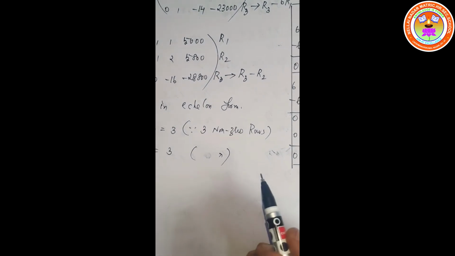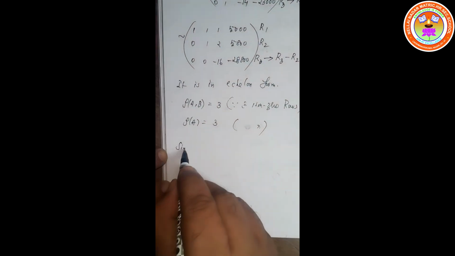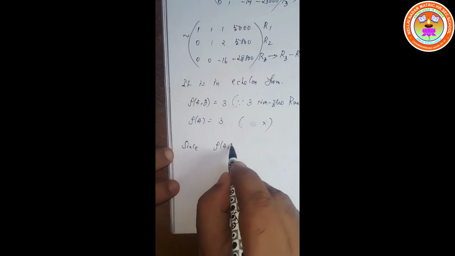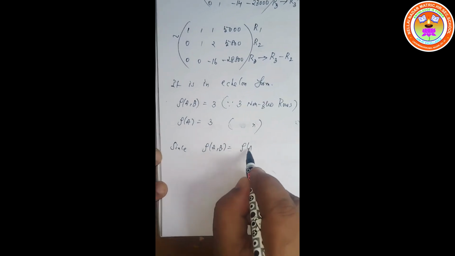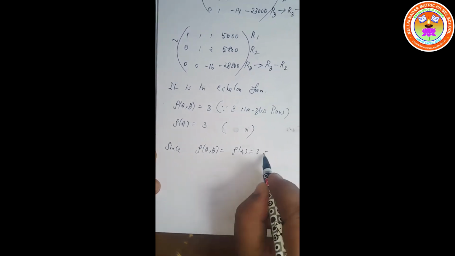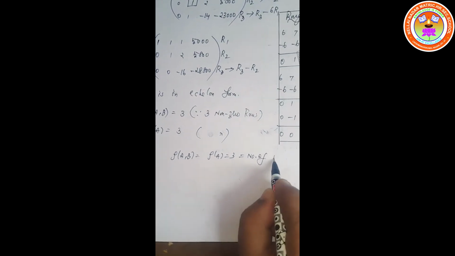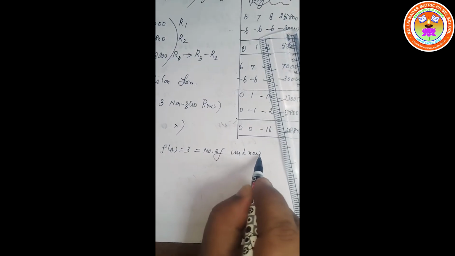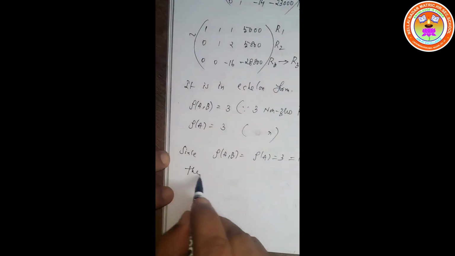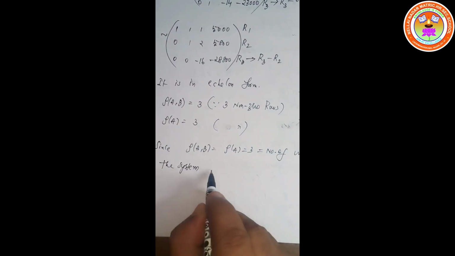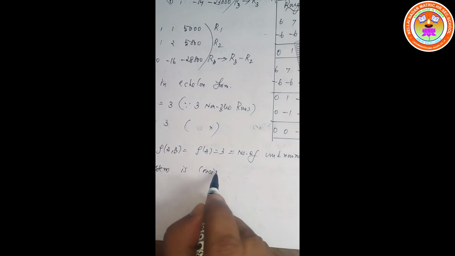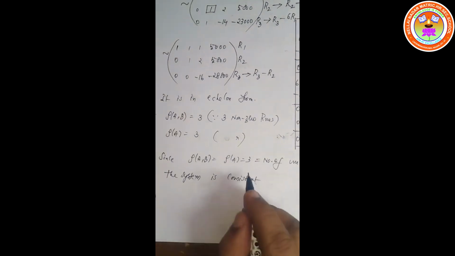Same reason here. Since rank of A comma B is equal to rank of A, that is equal to 3, that is equal to the number of unknowns, the system is consistent because the number of unknowns x, y, z is 3, correct? Consistent and has a unique solution.